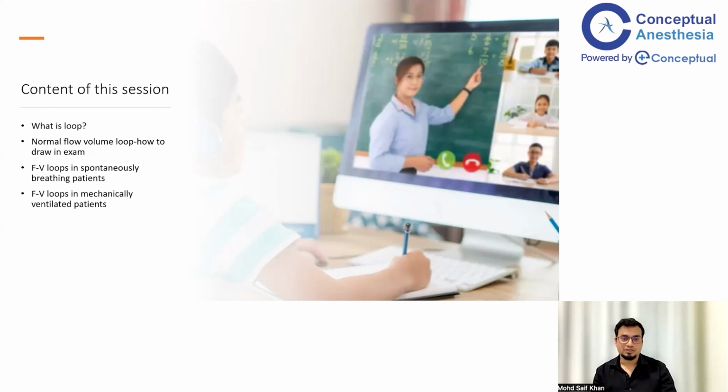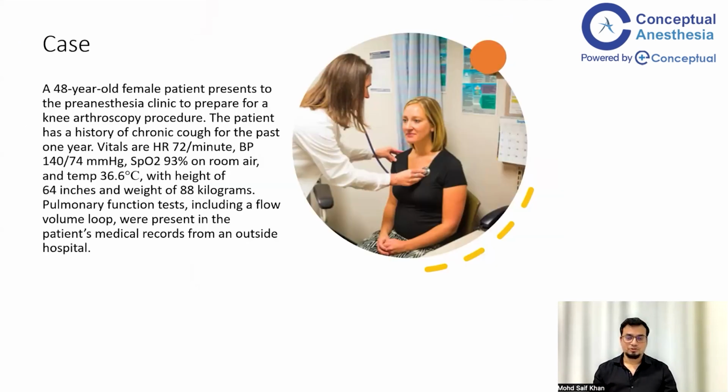That is also a very important type of loop which we usually look at on the screen of a mechanical ventilator and can draw important conclusions about the patient's lung condition and respiratory system condition.